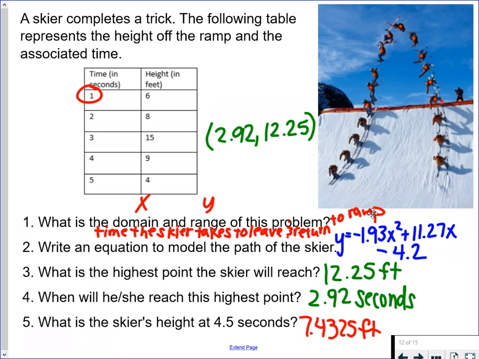Which actually, according to this, he goes higher. He actually goes to 15. And remember that this equation here is just a ballpark. So maybe I would include 15 since it is on the stats there. He goes anywhere from 0 to 15. Okay, feet.